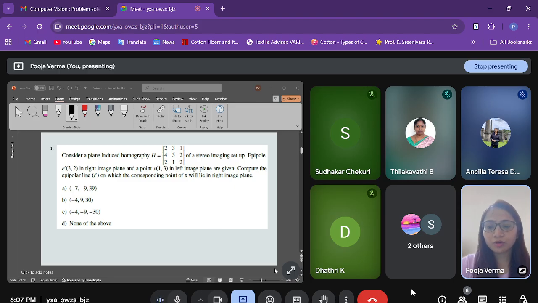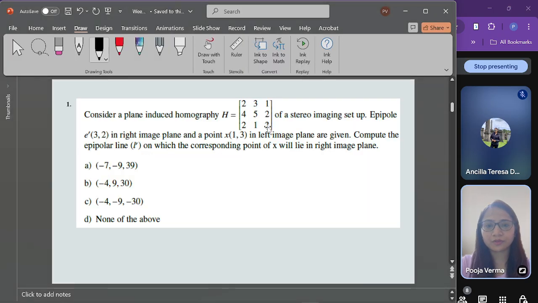Here we need to compute the epipolar line L dash in the right image plane corresponding to the point X in the left image plane. The plane induced homography H matrix is given, the epipole in the right image plane is also given, and the point in the left image plane is also given. So, the epipolar line L dash in the right image plane can be calculated by which equation?